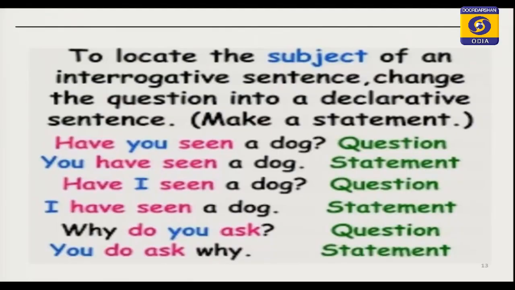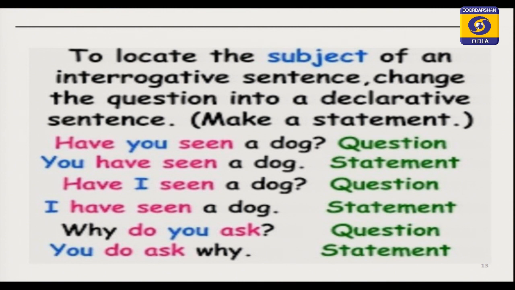Come to the first sentence: Have you seen a dog? This is in interrogative form. Make it a statement: You have seen a dog. It is easy for you to locate the subject. What is the subject here? Yes, the blue color. The subject is you.